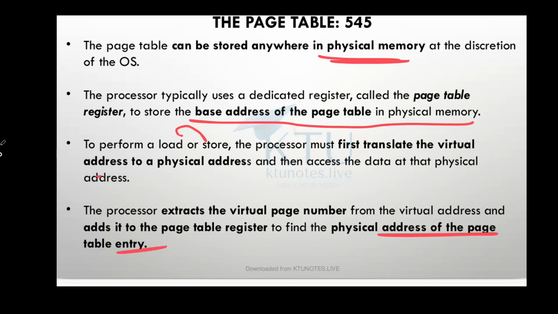So we have understood that this page table is there in the physical memory, and there is typically an address for this page table, which is known as the page table register. There is a register in the processor typically for the page table.